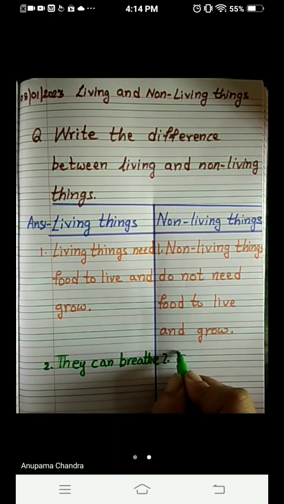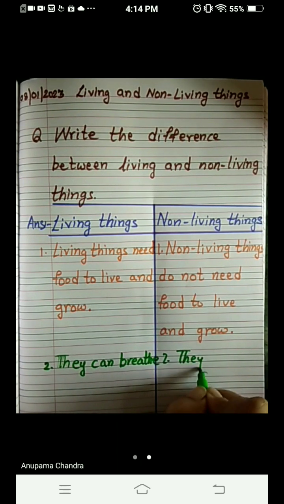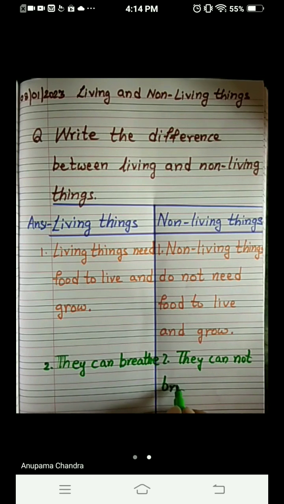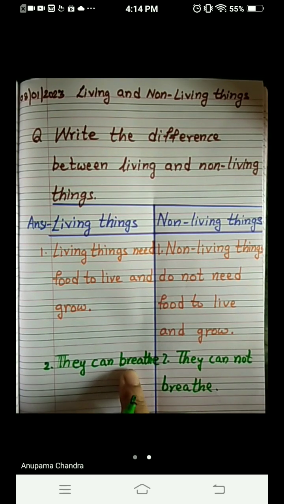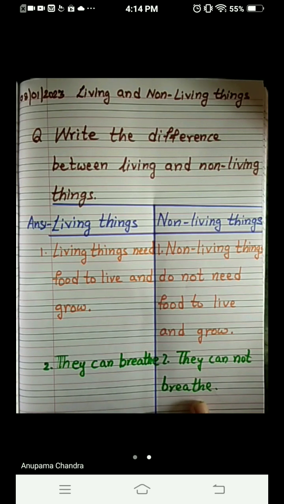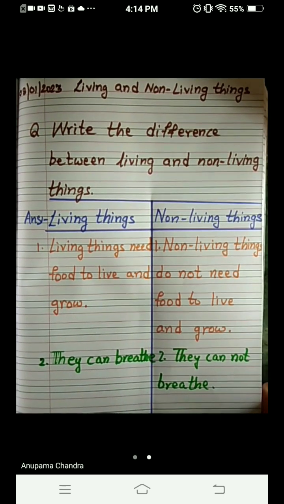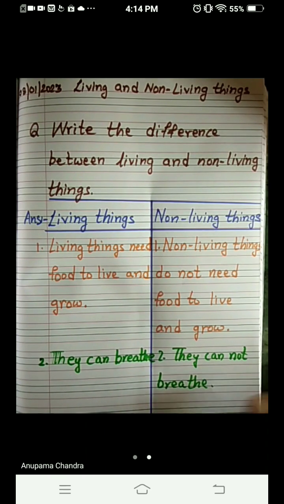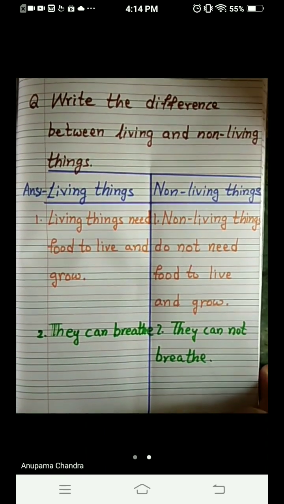And here, they cannot breathe. Check out the spelling of breathe. Because of the line, it is not shown, so check it out here. Living things can breathe. Non-living things cannot breathe.